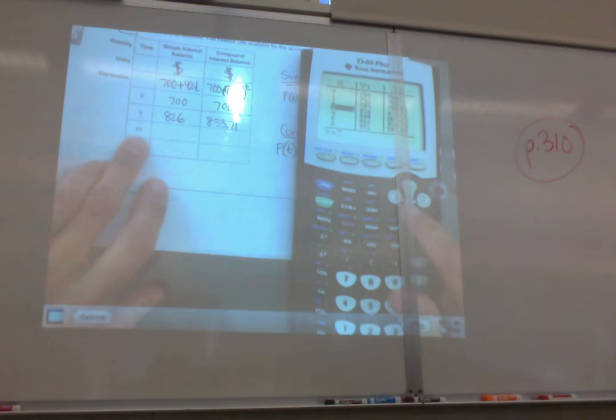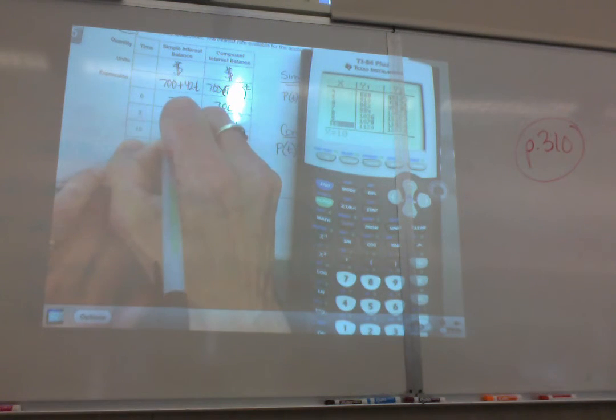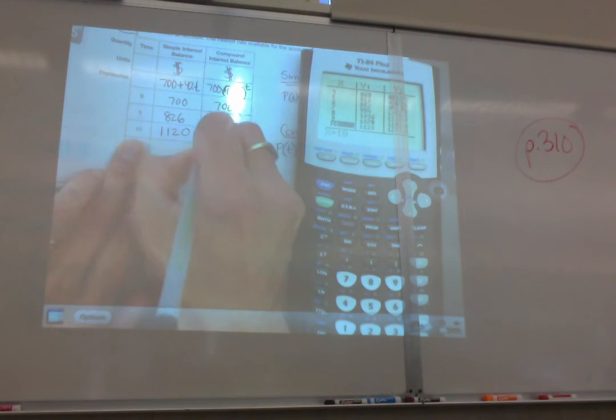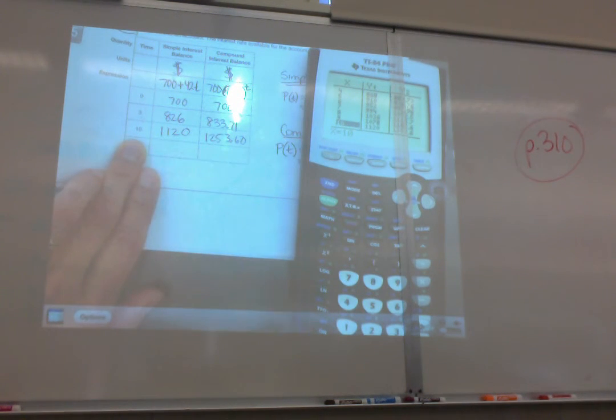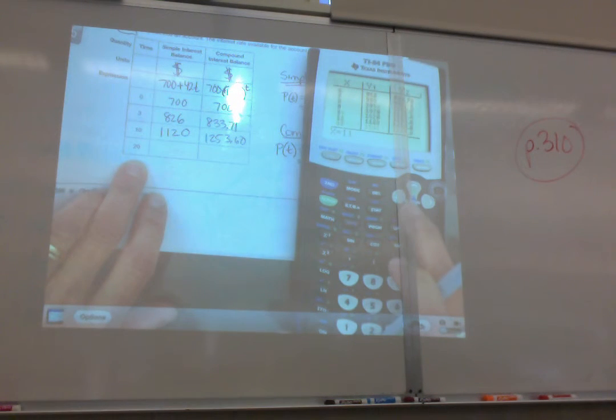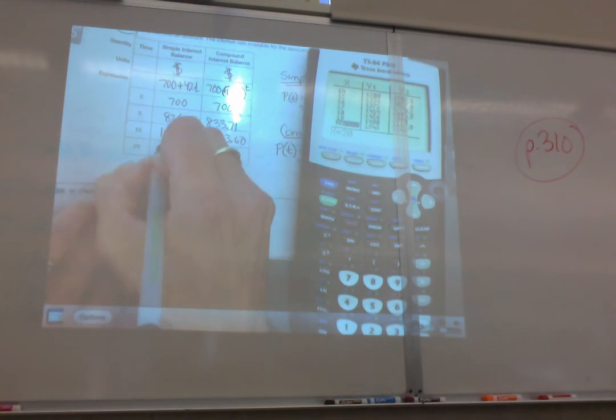Now I got to go down to where x equals 10. All right. 1, 1, 2, 0. And for decimals, I'm going to put 2 because this is money. And now time 20. I keep scrolling down. All right.